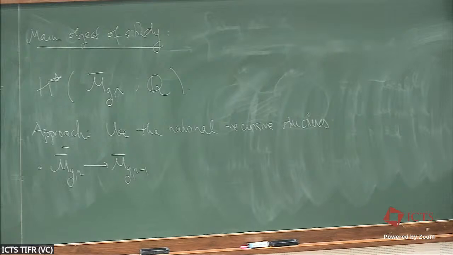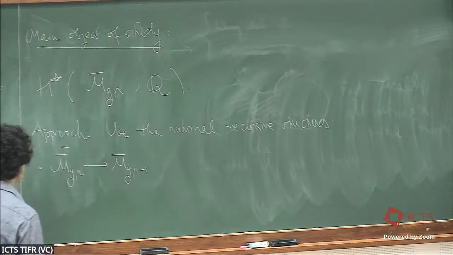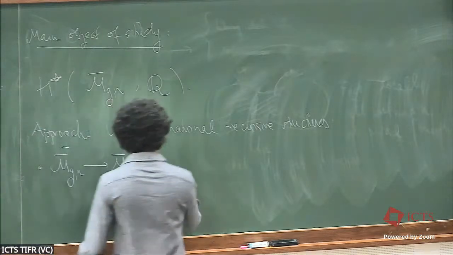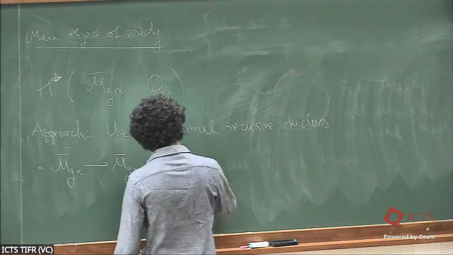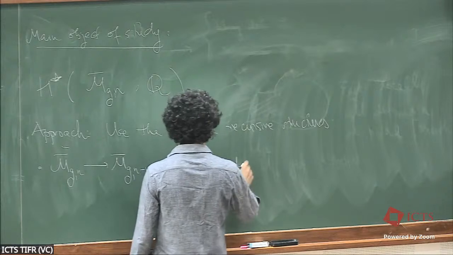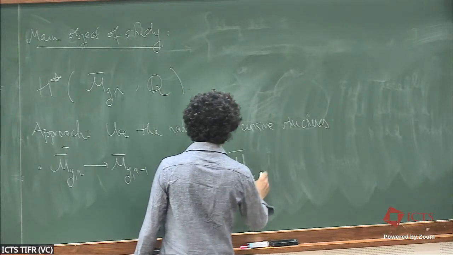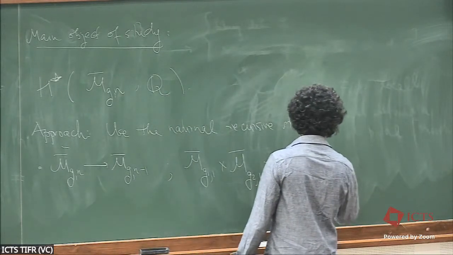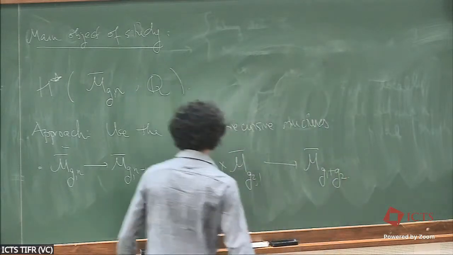There is a morphism that does this. You just drop the last point, and if there's anything unstable, you remove it, and then you go to M_g,n-1 bar. Another thing you can do is go from, let's say, M_g1,1 cross M_g2,1 to M_g1+g2. So how do you do this?